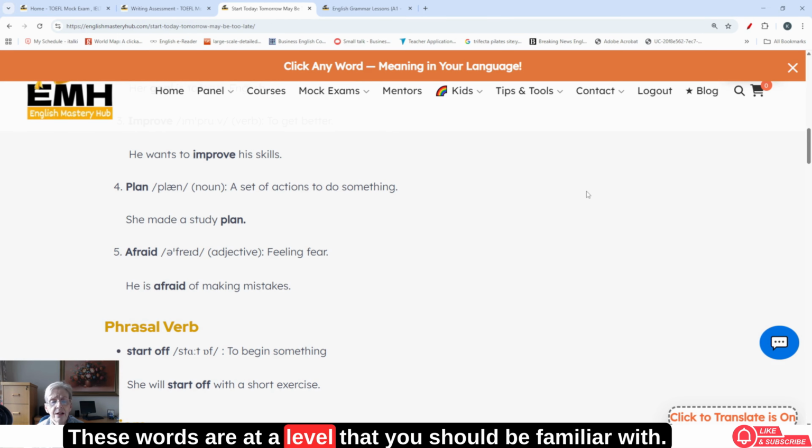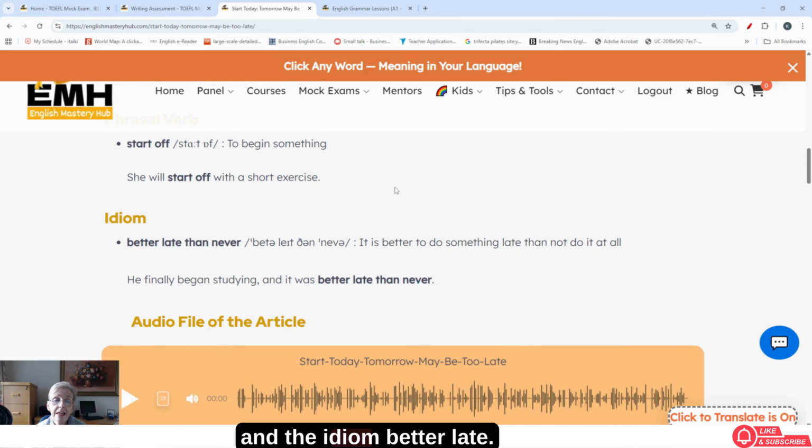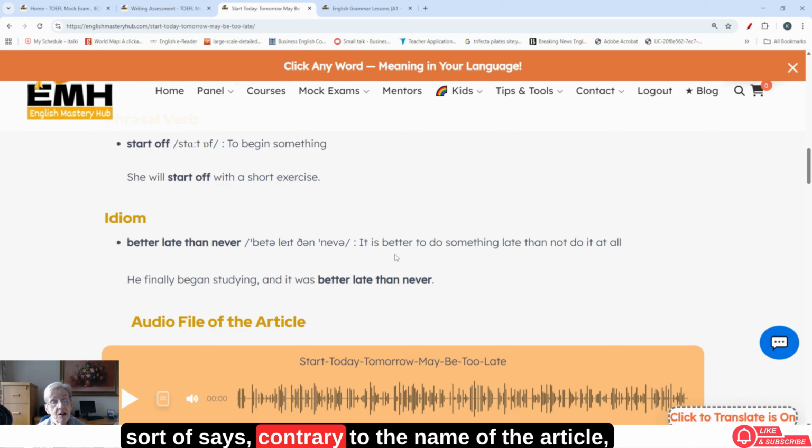These words are at a level that you should be familiar with. There's a phrasal verb to start off, meaning to begin something, and the idiom better late than never, which sort of says, contrary to the name of the article, it is better to do something late than not at all.